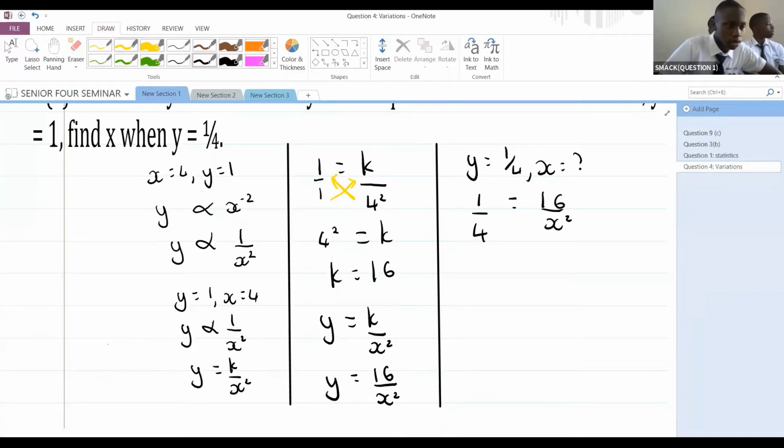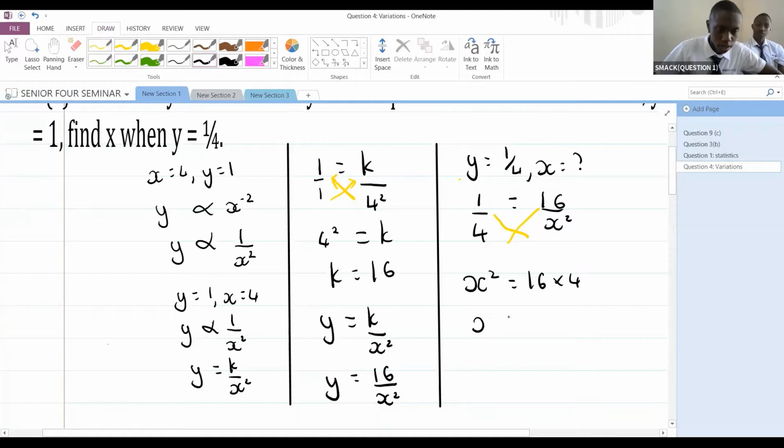You again cross multiply here. You multiply the 1 by the x squared and the 4 by the 16. You'll then get x squared equals 16 times 4. x squared will give you a value of 64.